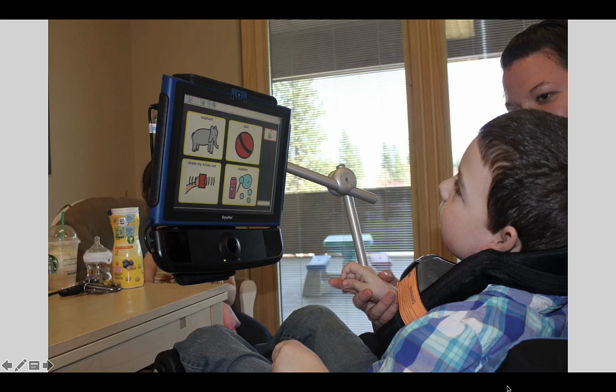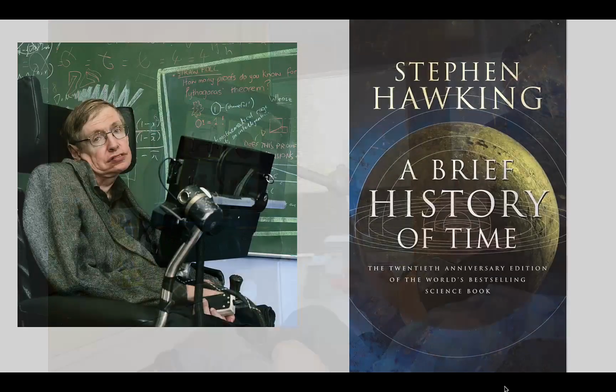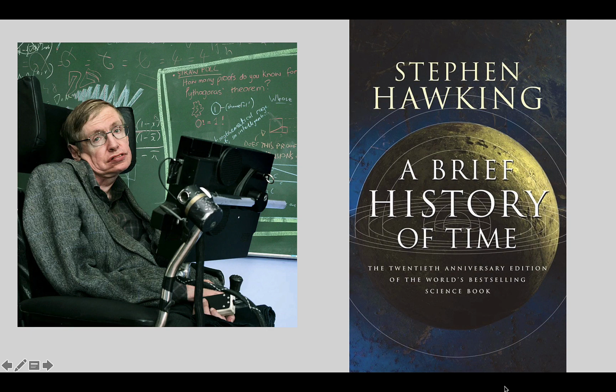And let's add the rise of voice recognition software, accelerating particularly since the 1990s, and this made it possible for many people with disabilities to operate computers. And let's add augmentative alternative communication, AAC devices, which have literally given voice to those for whom speech was impossible. Such devices made it possible to listen to, say, a lecture by the physicist Stephen Hawking.